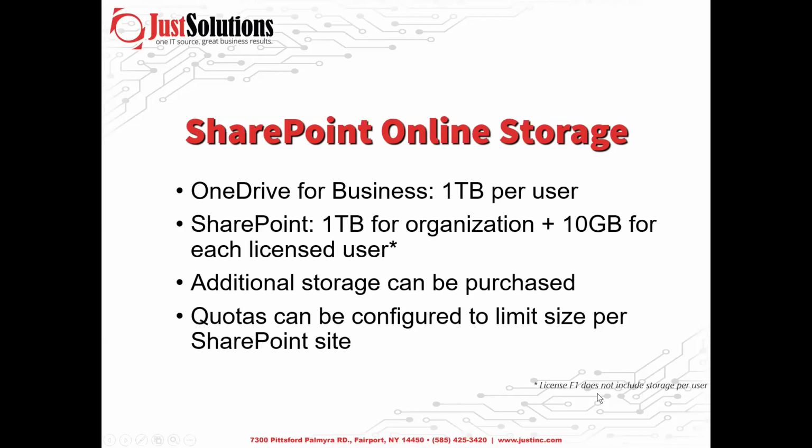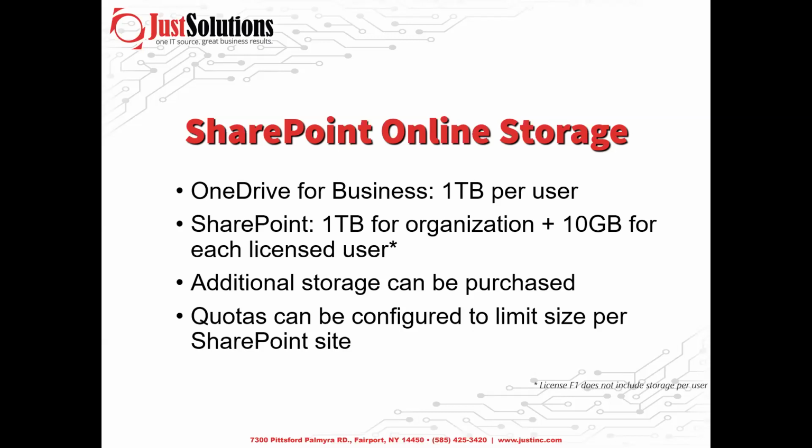There's a little asterisk down here that says F1 licenses don't include storage per user. F1 is like the lowest level SharePoint user. Remember, every subscriber to Office 365, no matter what plan they are, gets Teams.